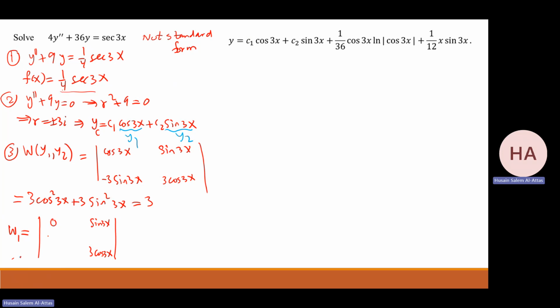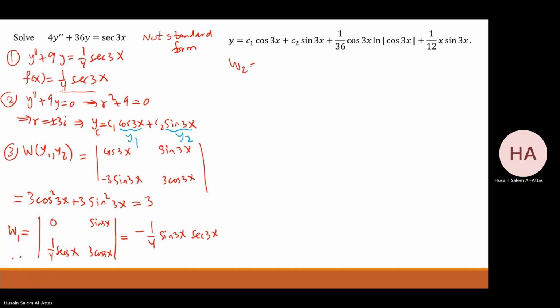This is my f of x: 1 over 4 secant 3x, after I write the differential equation in standard form. That gives me 0, it will be minus 1 over 4 sine 3x secant 3x. That will be W1.